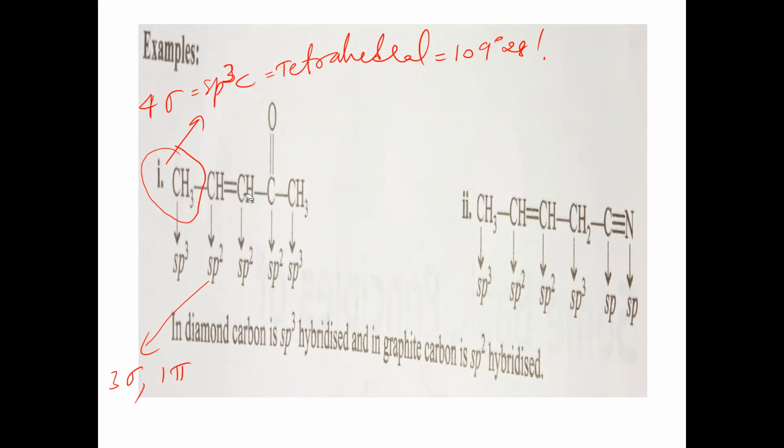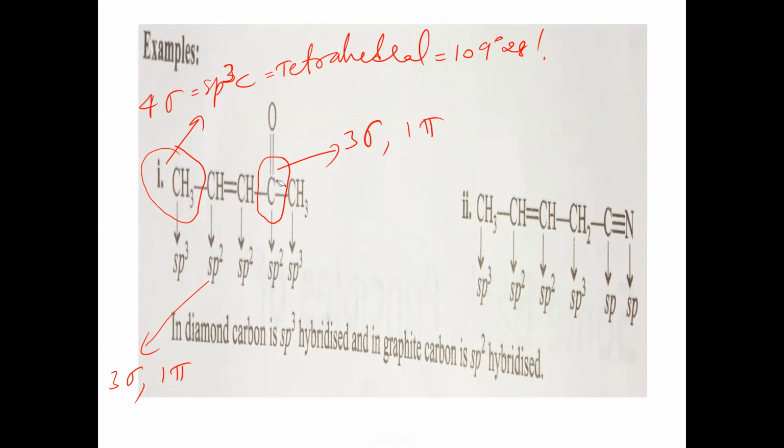And around this carbon, check it here: a sigma bond with hydrogen, a sigma bond with carbon, a sigma bond with another carbon, so three sigma bonds, and one pi bond for this carbon also. And around this carbon, how many sigma bonds? A sigma bond with carbon, a sigma bond with carbon, and one sigma bond with oxygen, so three sigma bonds, and also one pi bond with oxygen.